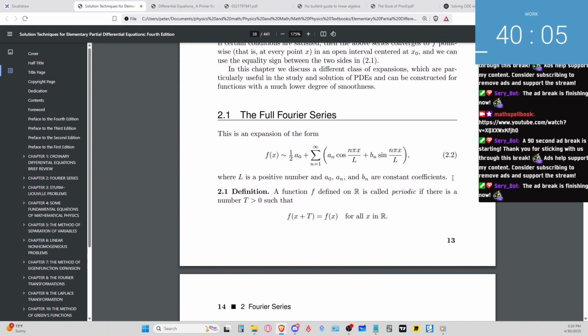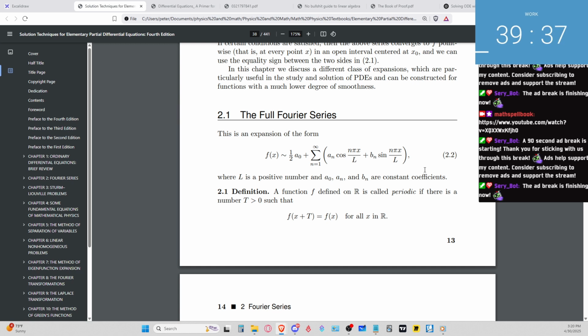Let's see, a full Fourier series. This expansion forms... Ooh, that looks like a real doozy, where L is a positive number and a naught, a n, and b n are constant coefficients.